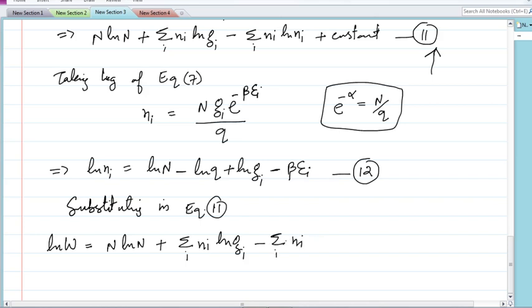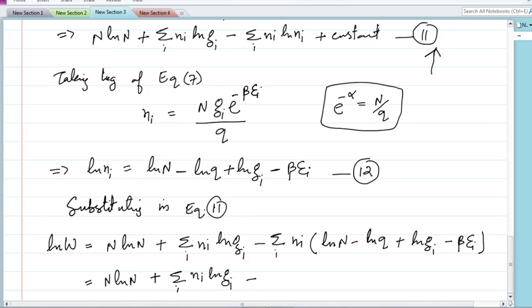I will write this term outside, and in place of ln ni I will write the remaining terms here: ln of N minus ln of q plus ln of gi minus beta ei. So it can also be written as N ln of N plus summation i ni ln of gi minus, we will give summation back here.